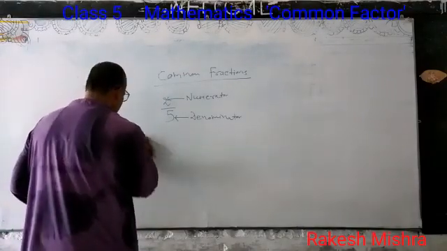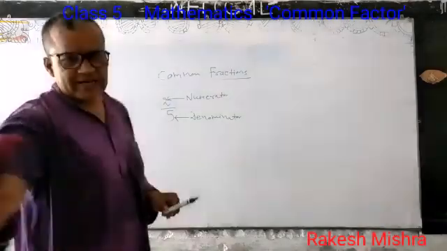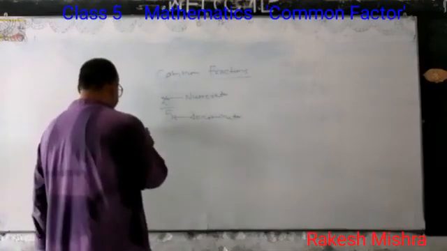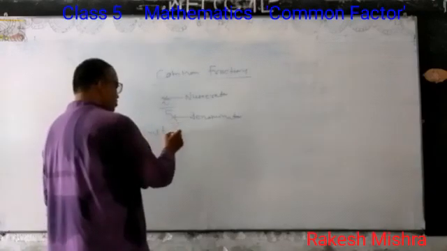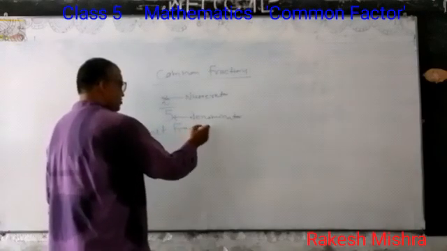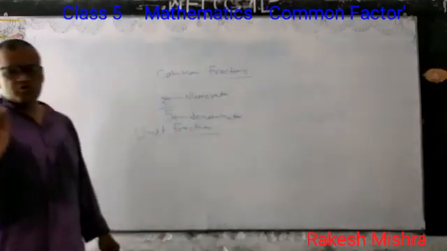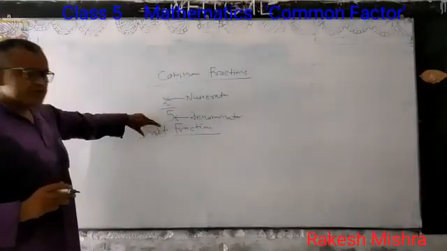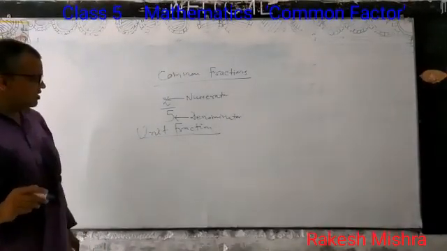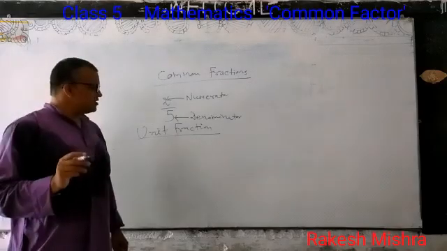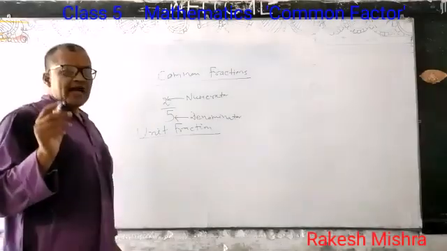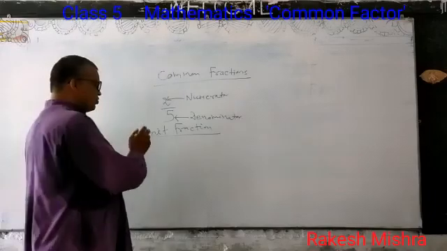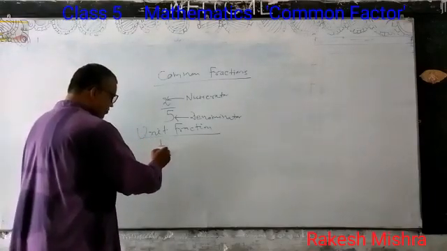Now we will know about a new type of fraction, unit fraction. You should know by name, unit means 1. So a fraction which has numerator as 1 is called unit fraction. It means 1 by 3.